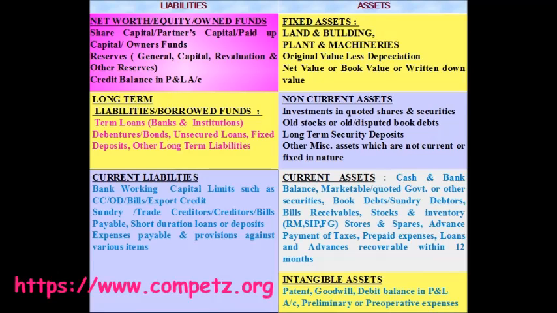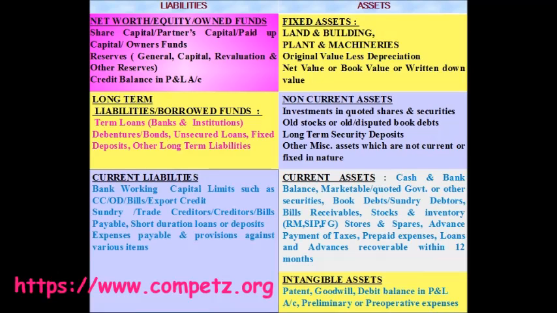The second heading in liabilities is long-term liabilities, also known as borrowed funds. Mainly term loans given by banks and institutions come here, then debentures, bonds, unsecured loans, fixed deposits and other long-term liabilities.